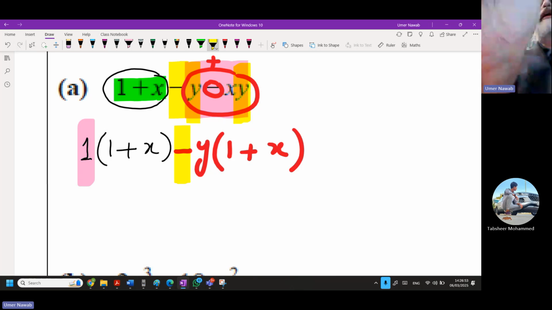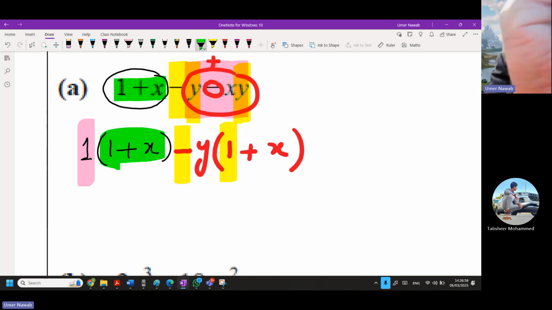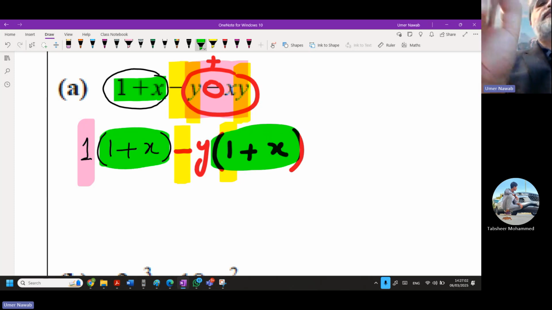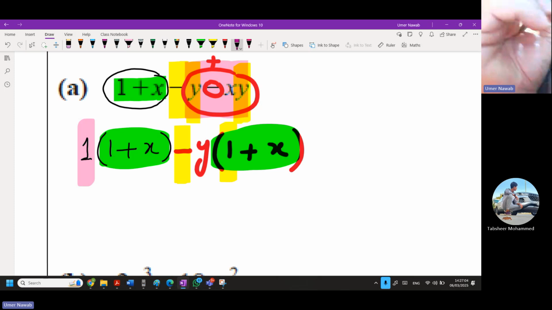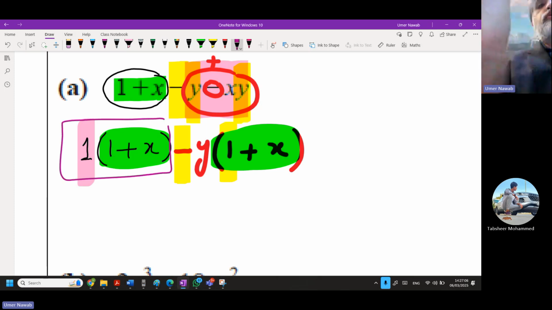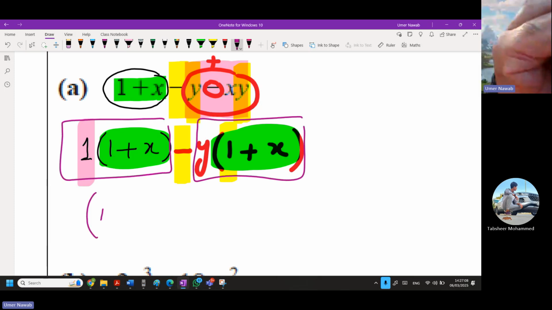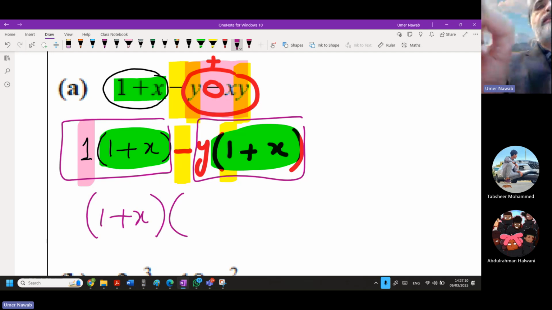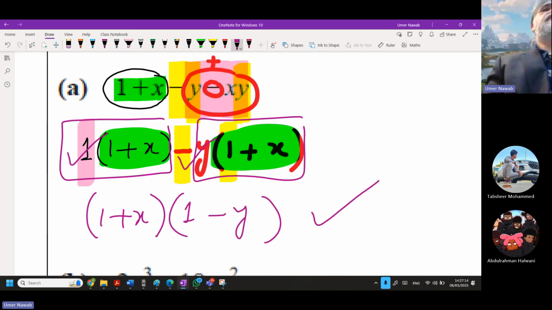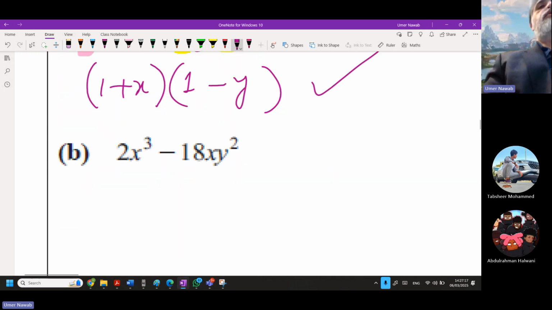If y is gone out and if nothing is there, you should leave 1 in that place. The interesting point is this, guys, 1 plus x and 1 plus x. This is the bracket common. I'm going to take it outside from these two terms. So 1 plus x, I pick it outside. What is left inside? 1 and negative y. So this is the factorization of four terms.